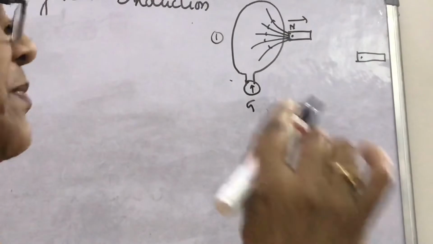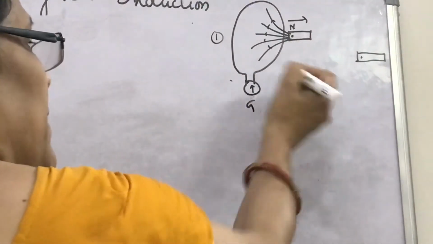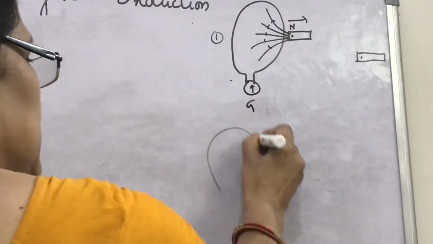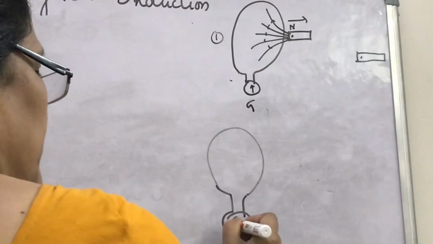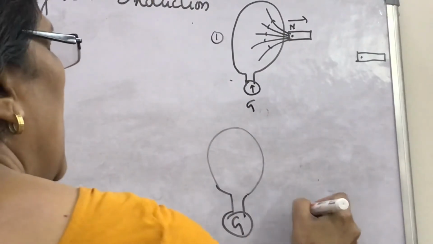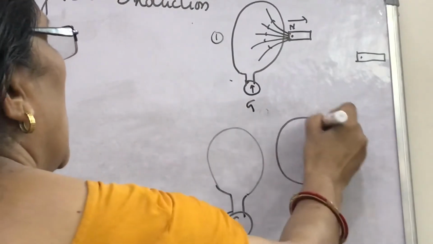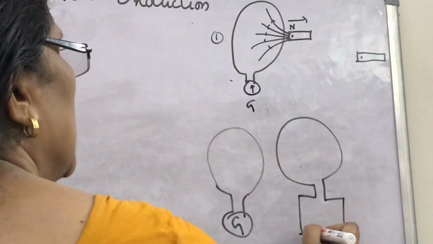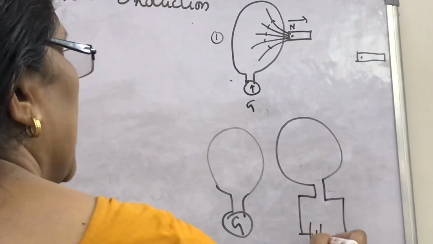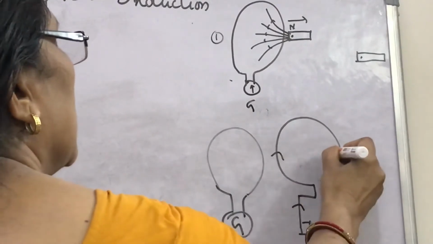In the second experiment, what was observed? This is the same galvanometer attached with the conducting loop, and instead of a magnet there is another coil attached with a battery like this, so current flows in this way.